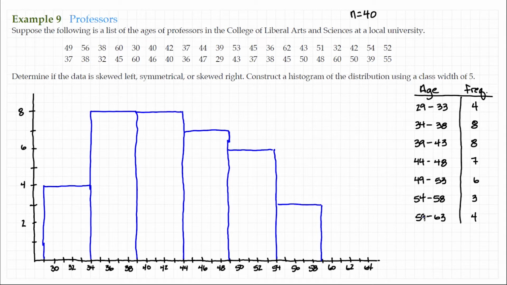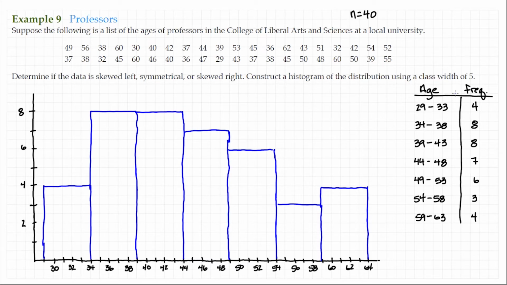And then, of course, if we were to put in another lower class limit here, that would be 64. So from 59 to 64, there were 4. So here's our histogram that represents this set of data of the professors' ages with a class width of 5.